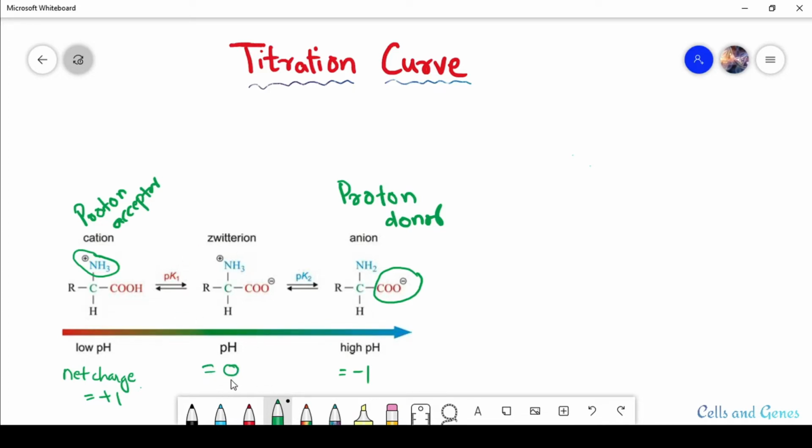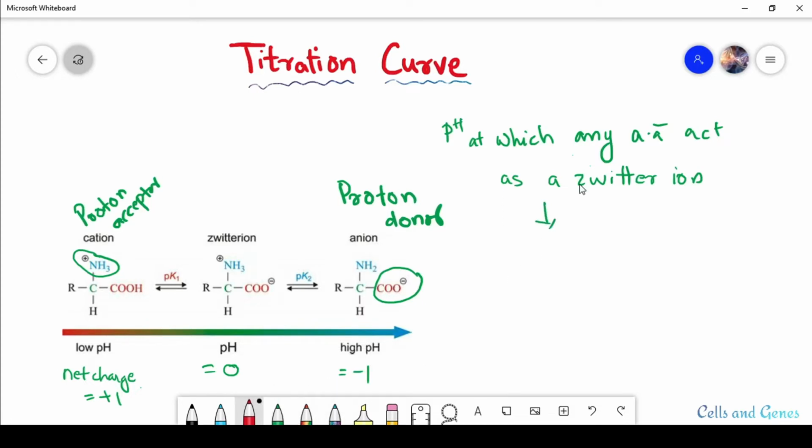So we say that the pH at which an amino acid acts as a Zwitter ion is known as the isoelectric point, or isoelectric pH, and it is represented by pI.